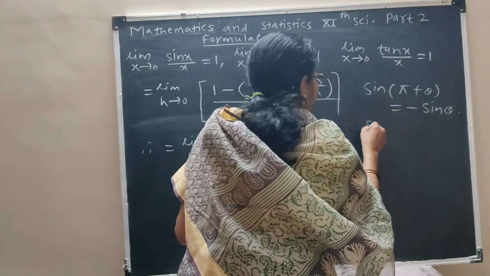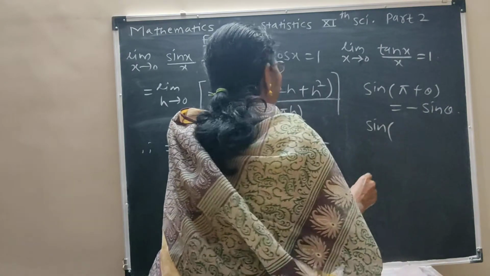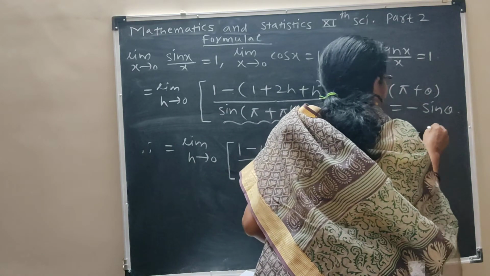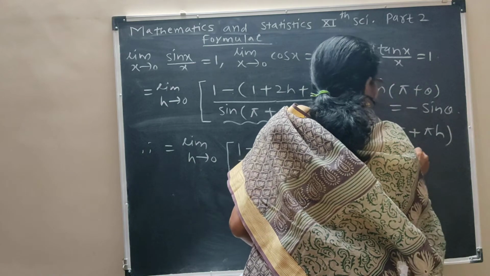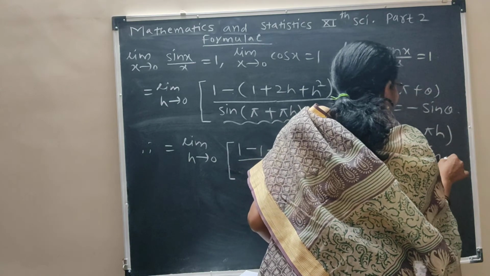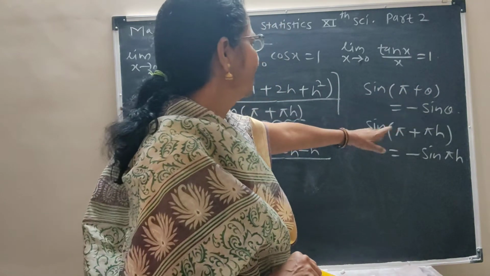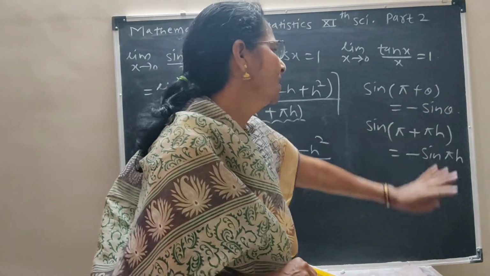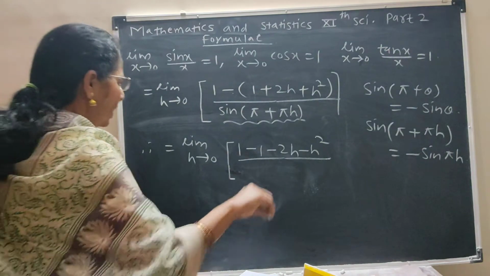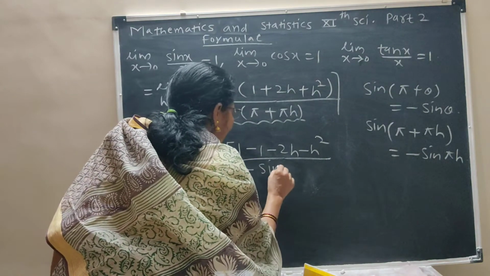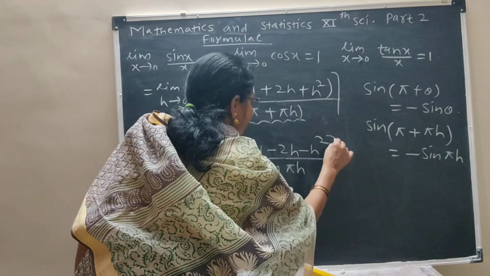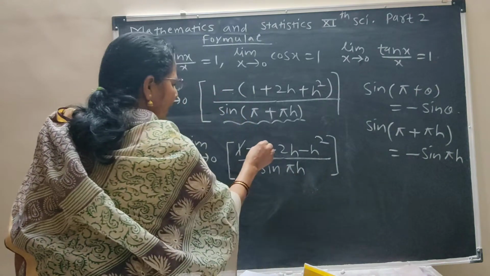Here sin of pi plus pi h is equal to minus sin pi h. Now write here minus sin pi h, and the 1 gets cancelled.